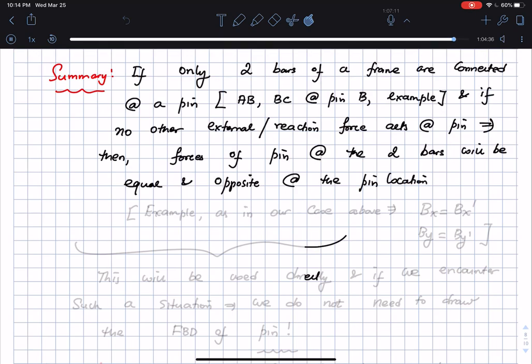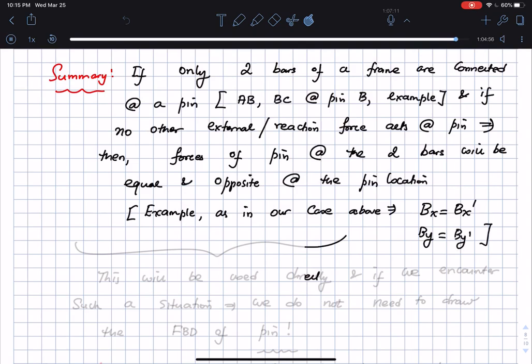For example, as in our case above, Bx is equal to Bx prime, By is equal to By prime.